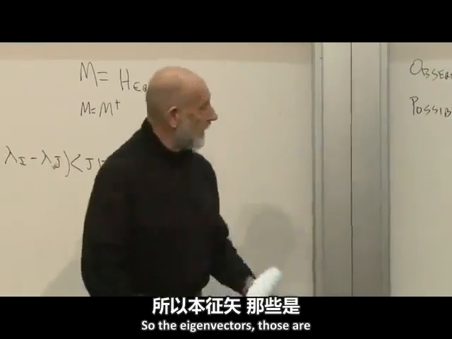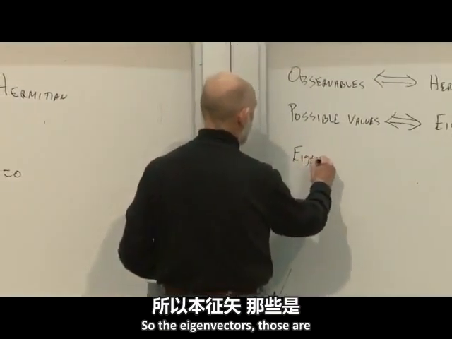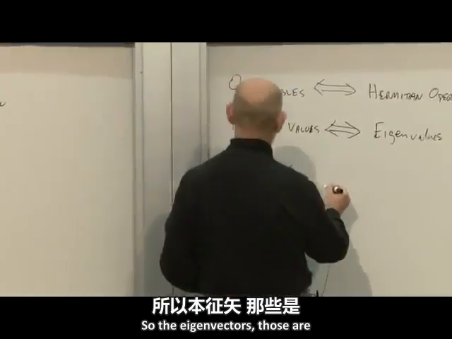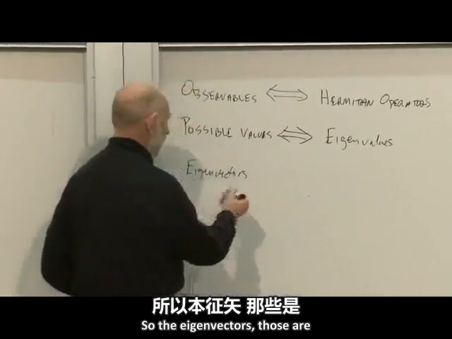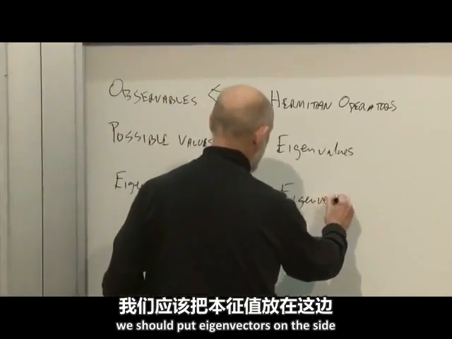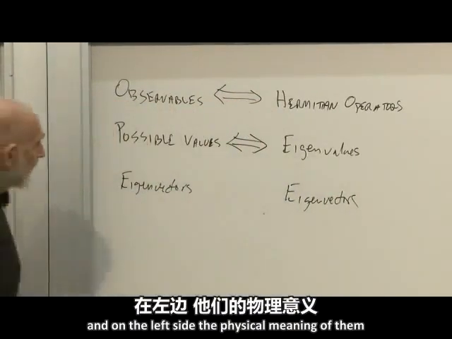So the eigenvectors, I think I have it backwards. We should put eigenvectors on this side, and on the left side, the physical meaning of them.